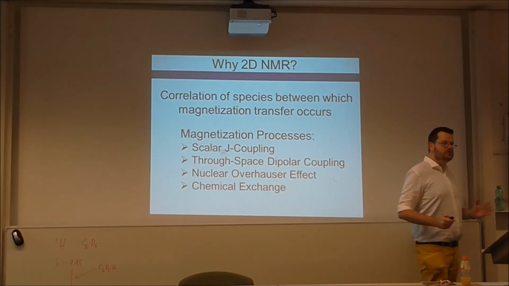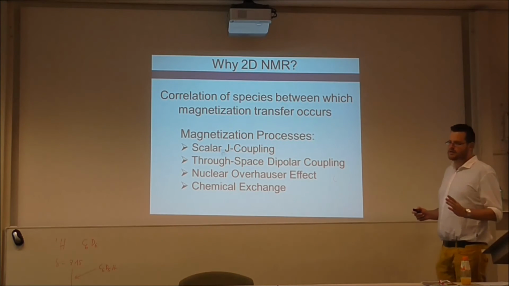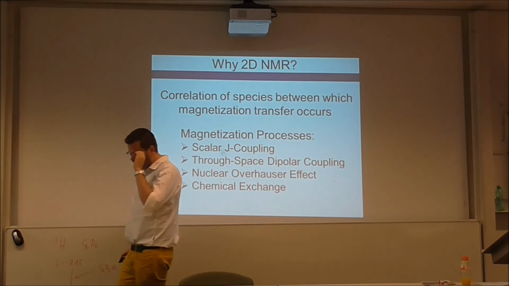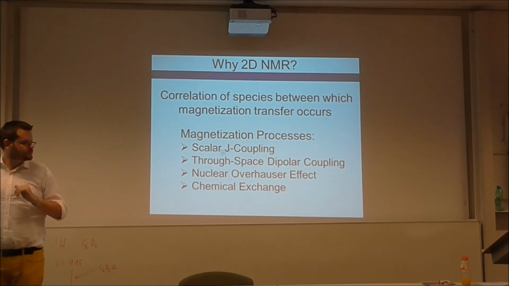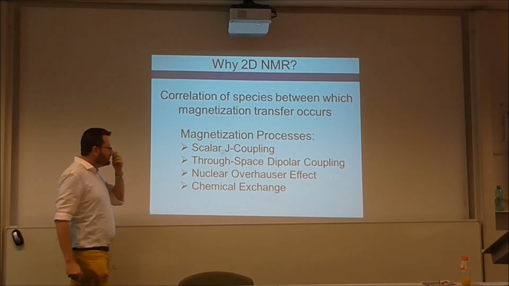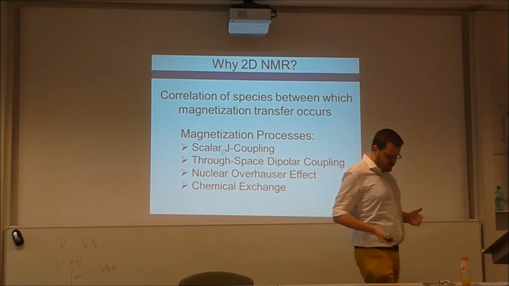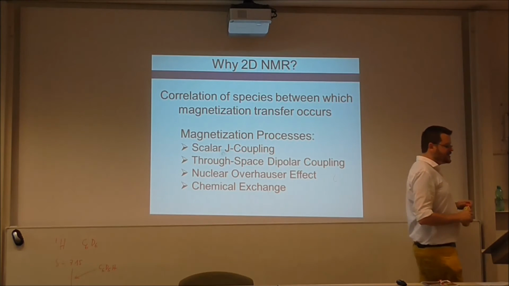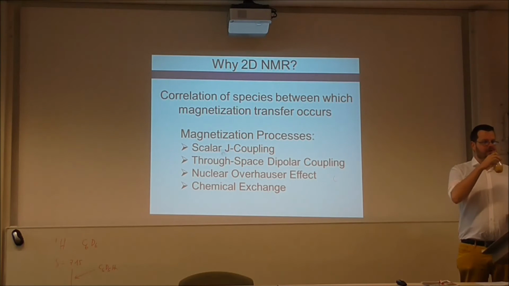Many people don't do this these days. Many people guess assignments. Sometimes it's obvious, but sometimes it's not obvious. You might think that an assignment in a 13C spectrum looks perfectly reasonable, but you have to do the 2D NMR spectroscopy to be sure.